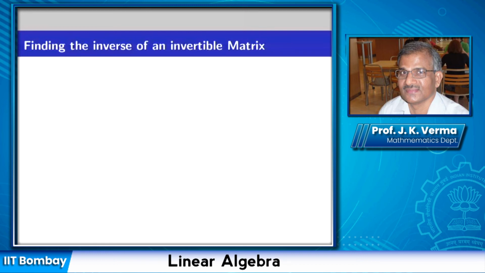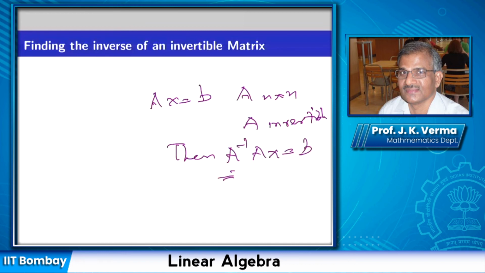So if Ax equal to B is our system of linear equations, and A is n by n and invertible, then if I had access to A inverse, I just multiply. And that says that x is equal to A inverse B.